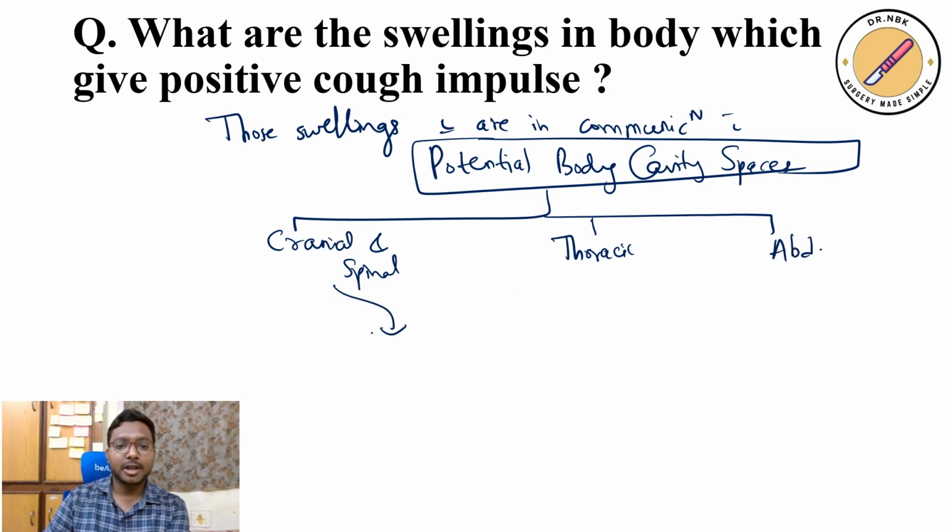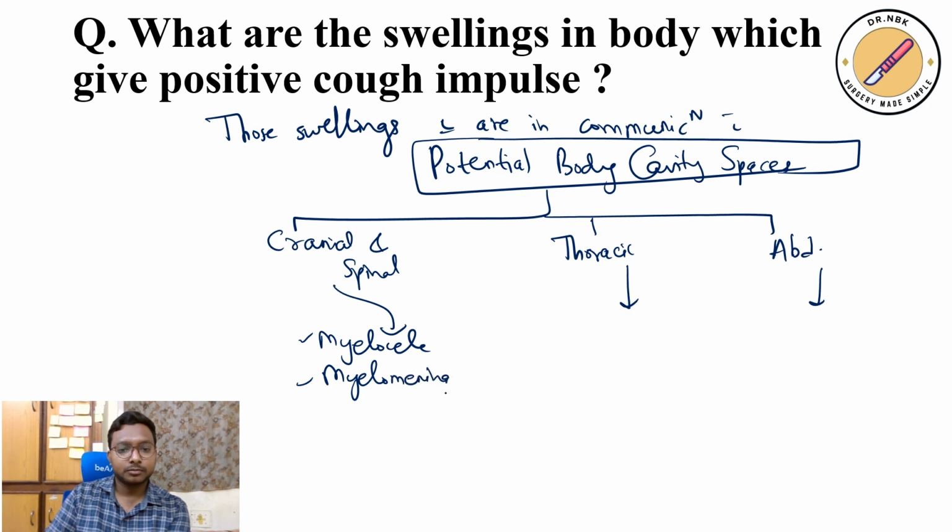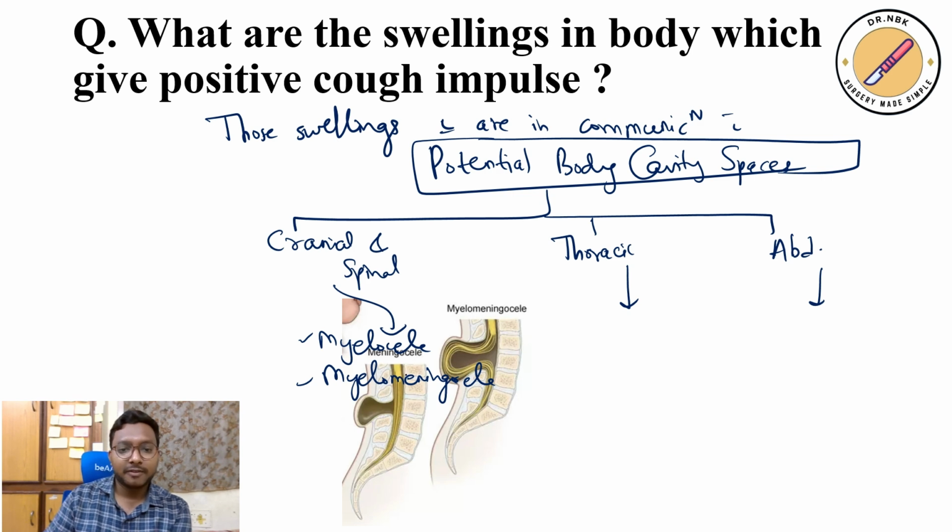Okay, so the examiner will ask you what are the examples for cranial and spinal cavity. Here you get meningocele and myelomeningocele.